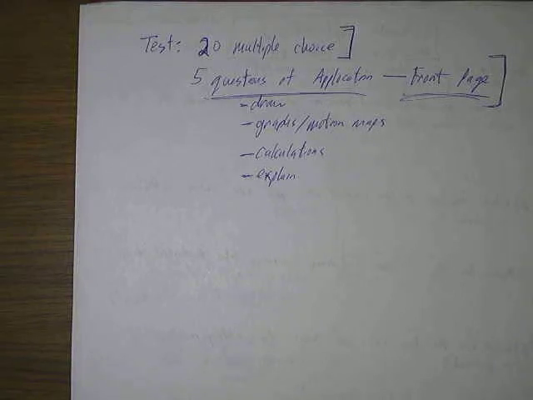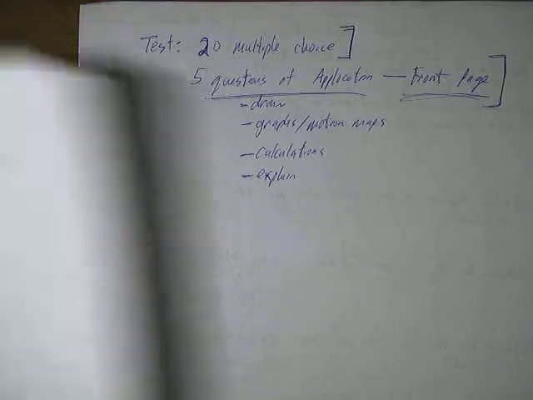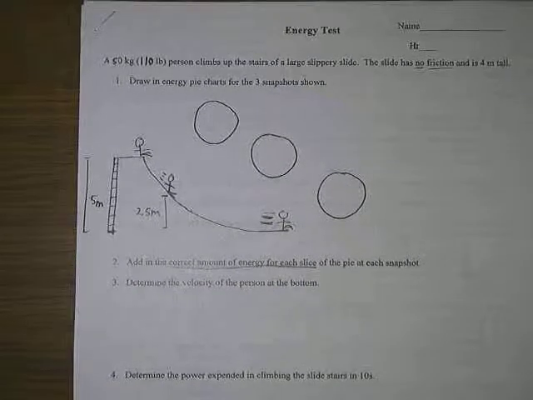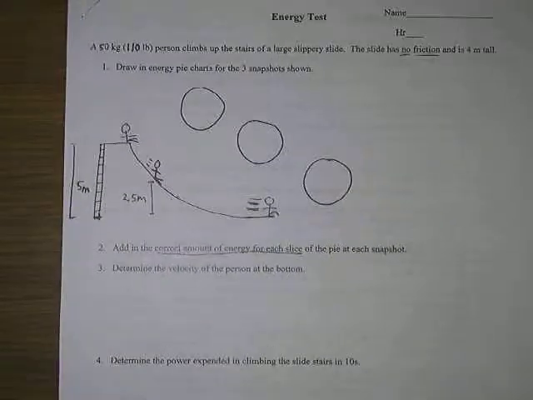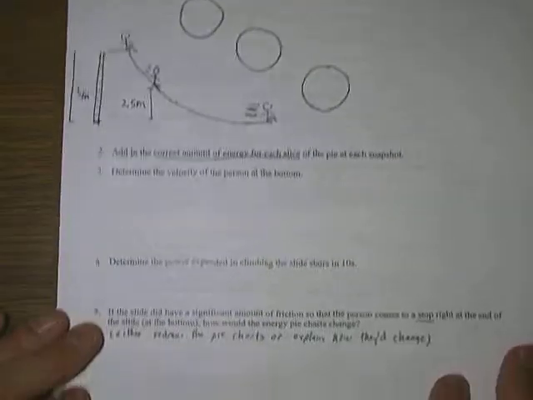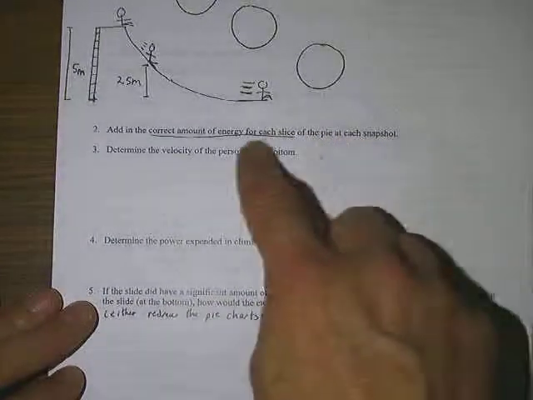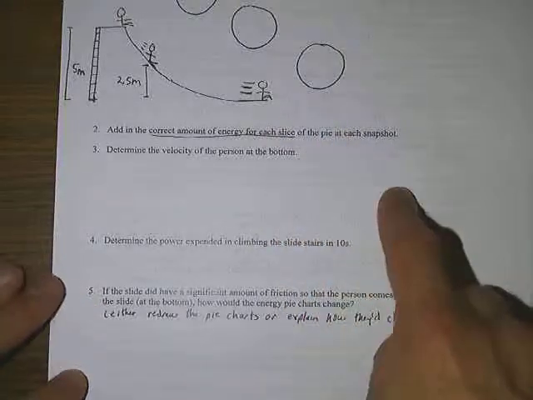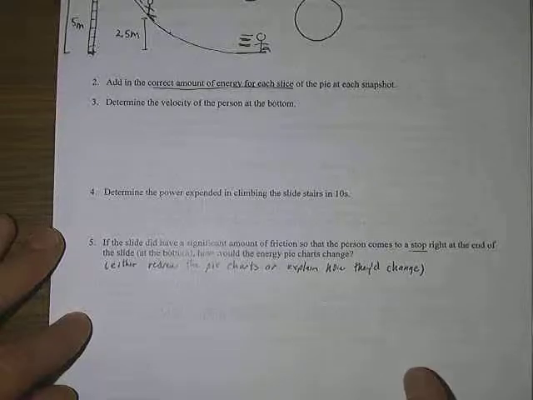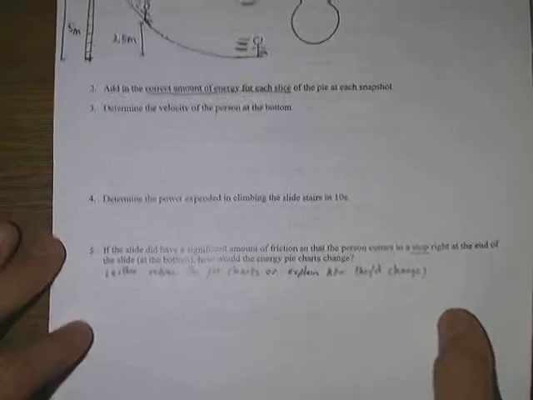As an example, let me show you this particular test I used to give in a different unit, energy. The front page here you can see is they have to draw some stuff. You haven't learned this yet, but they had to draw some stuff. They had to figure out some numbers using some math equations.